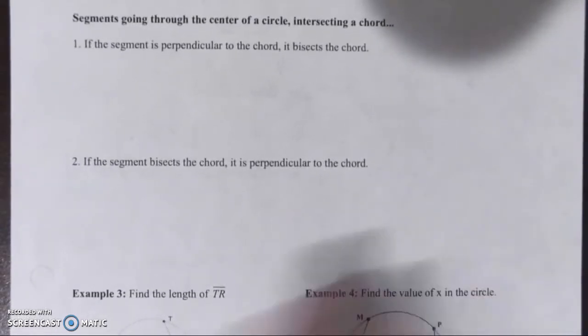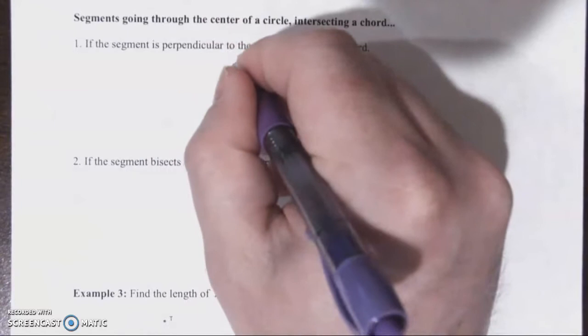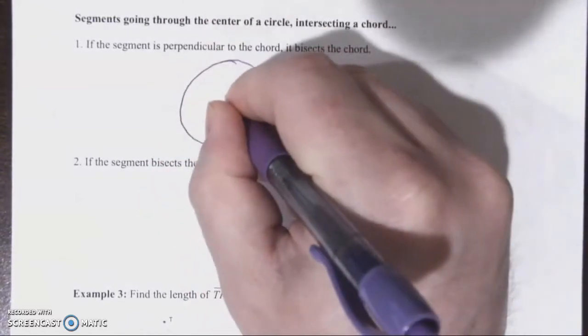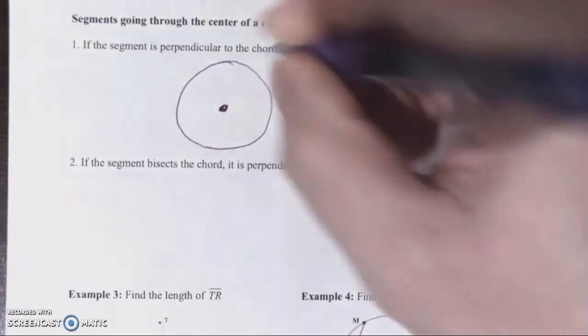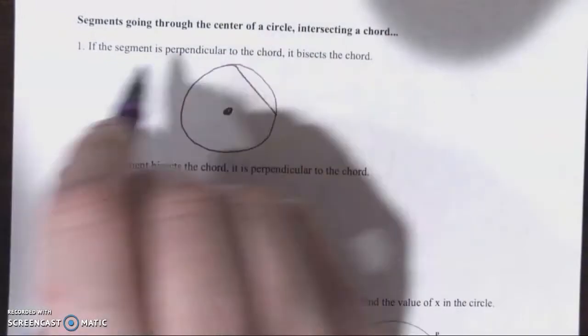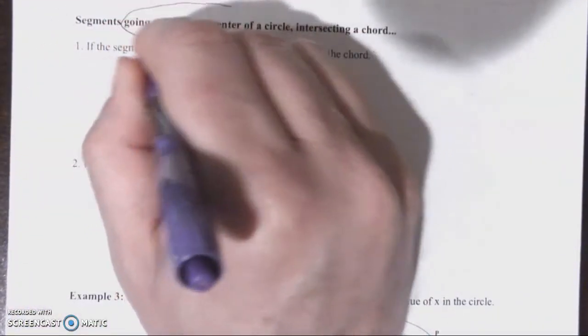Okay? How about segments going through the center of a circle intersecting a chord? If a segment is perpendicular to the chord, then it bisects the chord. All right, so let me draw a circle again. Very similar diagram to above. It has to go through the center.